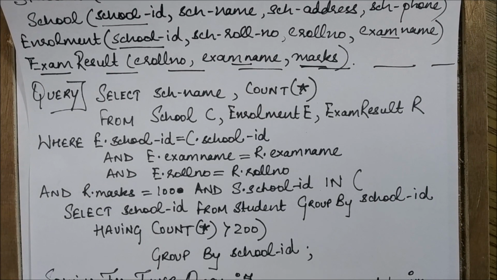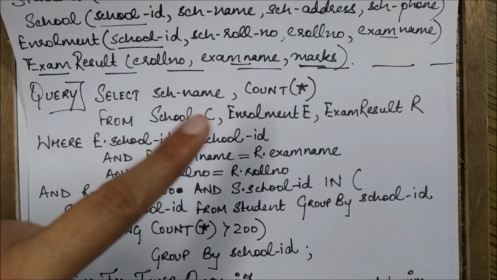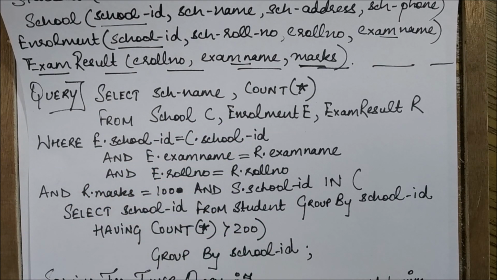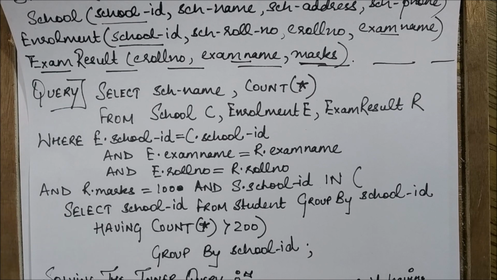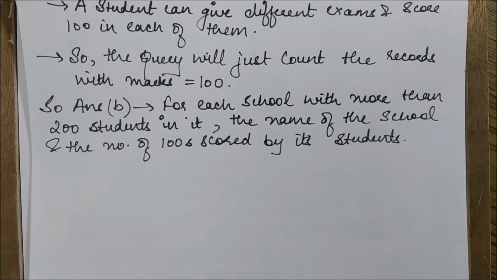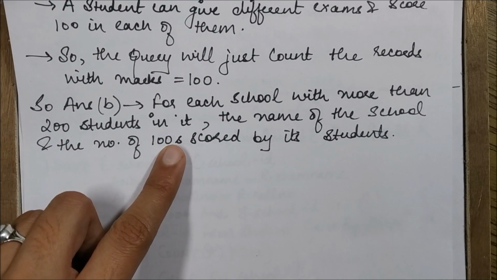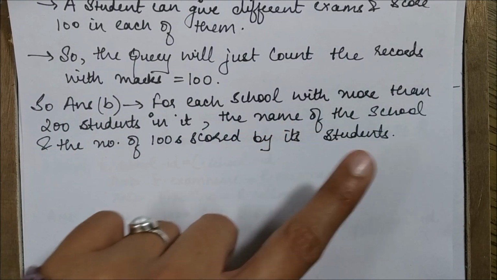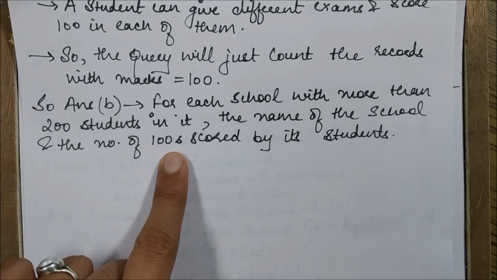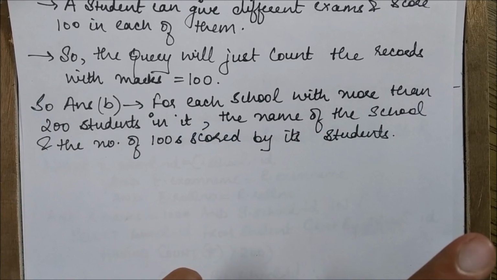Now in this situation it is going to count both the records and not one of them. Whereas if we were saying that it selects the students who get 100 marks in at least one of the subjects, it should have counted it once. So the correct answer in this case is B, which says that for each school with more than 200 students in it, the name of the school and the number of hundreds scored by its students is printed.